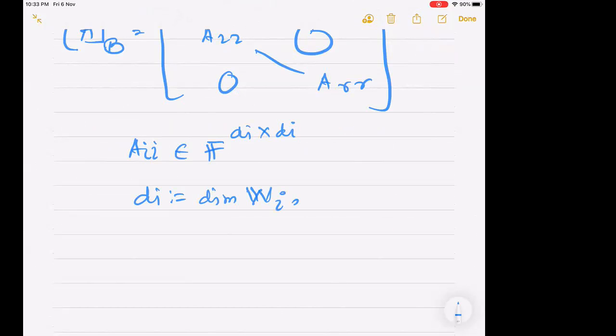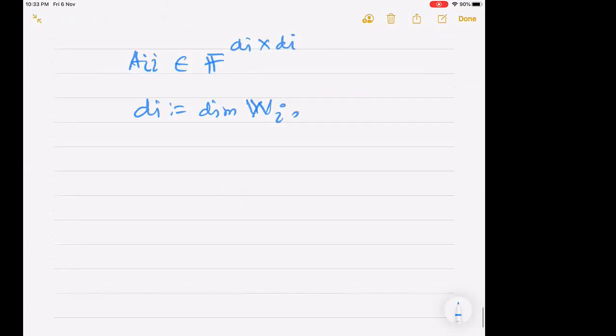So all we need is a direct sum decomposition of V into A invariant subspaces.